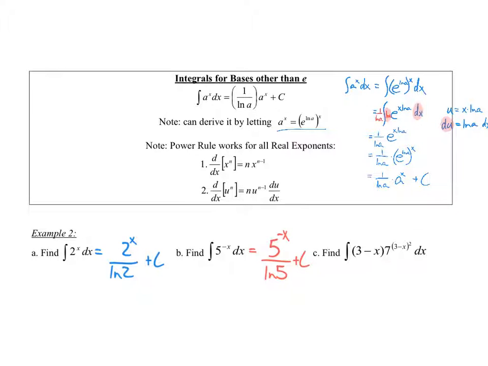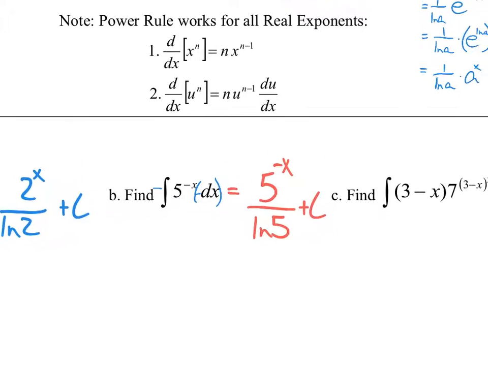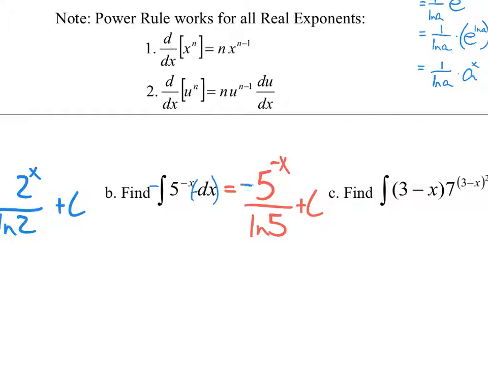We should have a negative, and this is why. The u, this is 5 to the u, right? So the du would be a negative dx. So I do need to incorporate the negative here, which means I need a negative on the outside. So that means our answer will be negative 5 to the negative x. Okay?